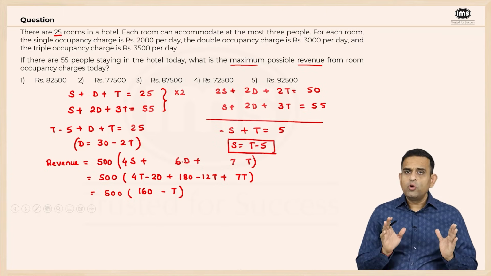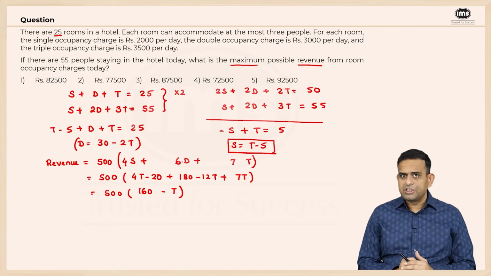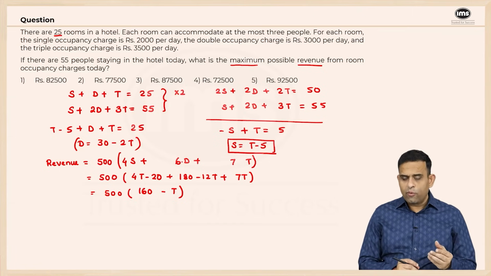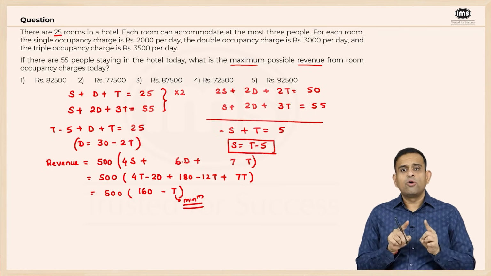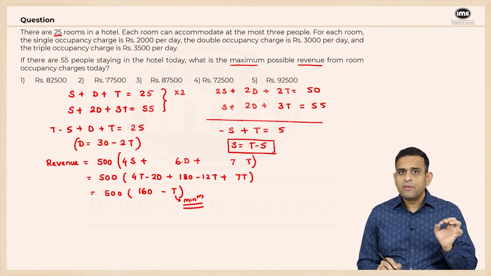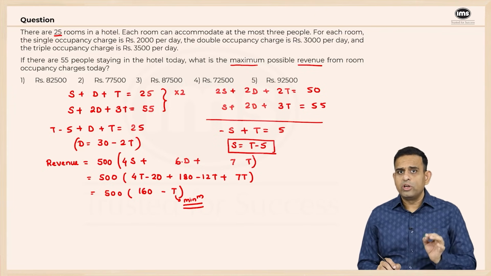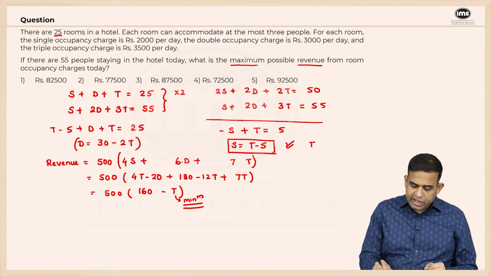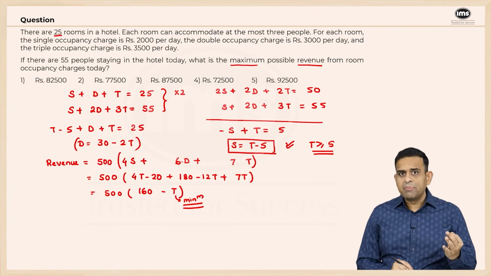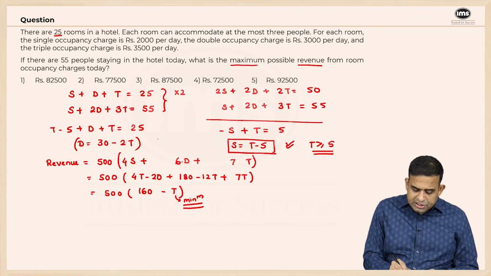So understand we want to maximize this particular equation, and if I want to maximize this, then this T has to be minimum. So my objective is to find the max value of the revenue, so the value of T, the number of triple occupancy rooms, must be as low as possible. Now if you look at over here, the value of T needs to be minimum 5 such that S doesn't become negative. At the same time, the highest value of T needs to be 15.